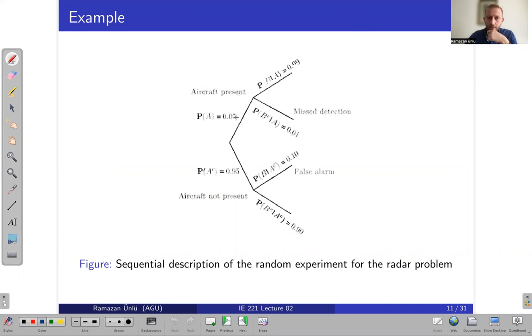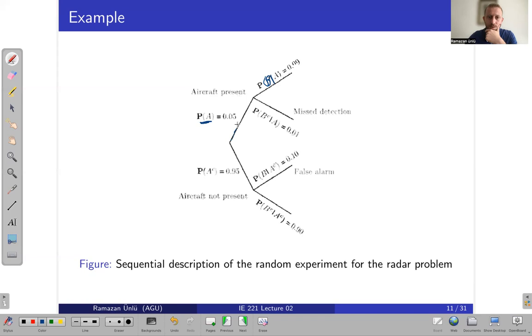We were first given the probability of an event A, and then the probability of B given A. So the intersection of these two events means that event A will occur and event B will occur.